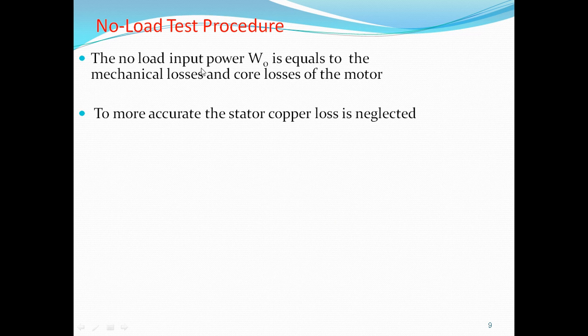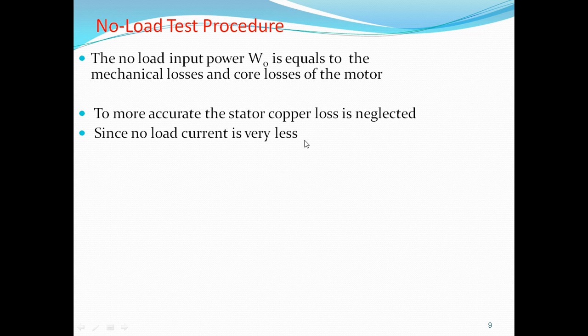The no load input power W naught is equal to the mechanical losses and core losses of the motor. So the no load power supplies mechanical losses as well as core losses. To be more accurate, the stator copper losses are neglected.